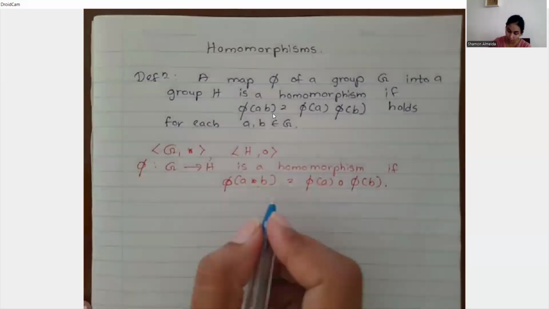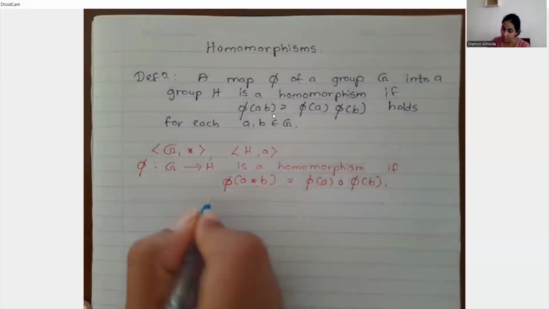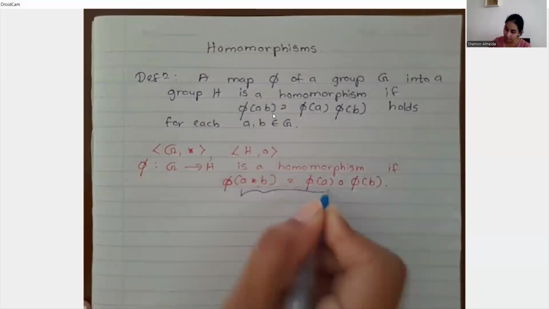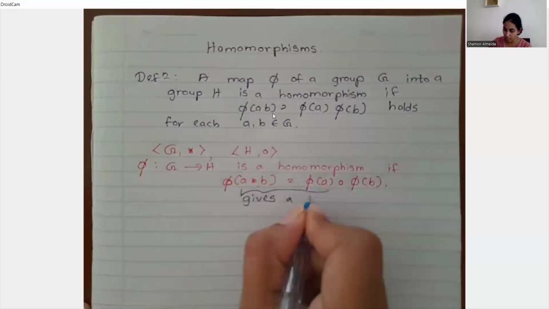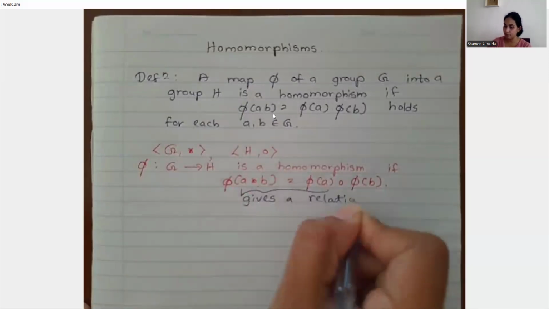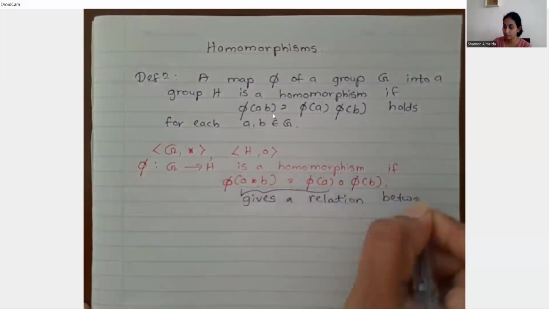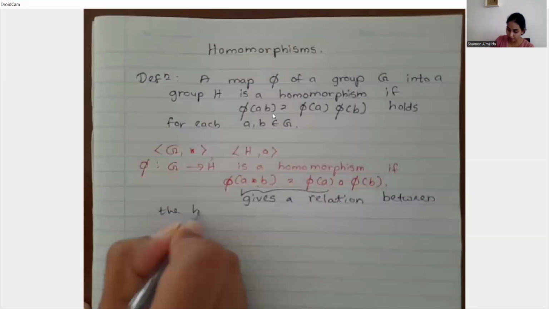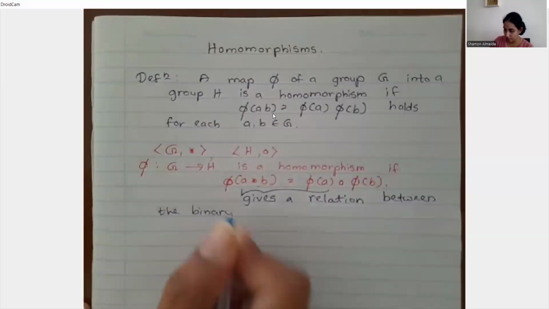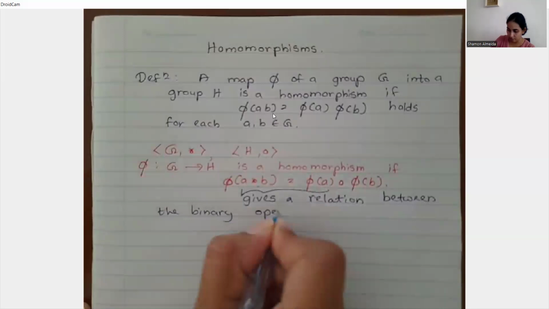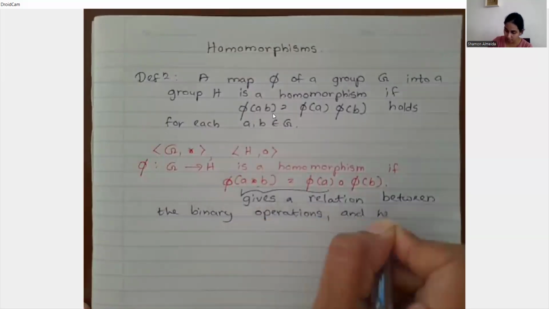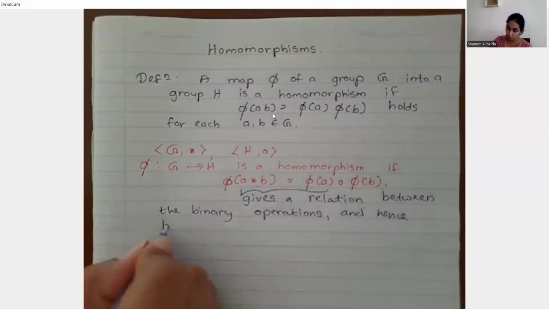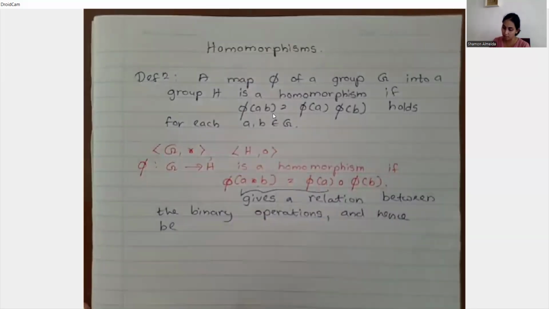So if I put it this way, this actually gives a relation between the binary operations and hence between the two group structures.